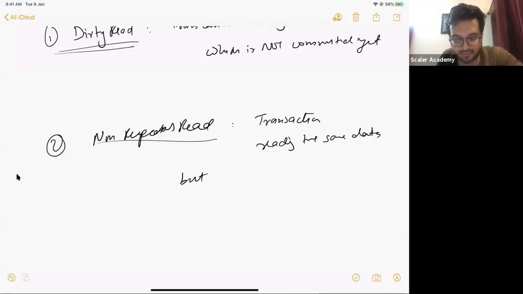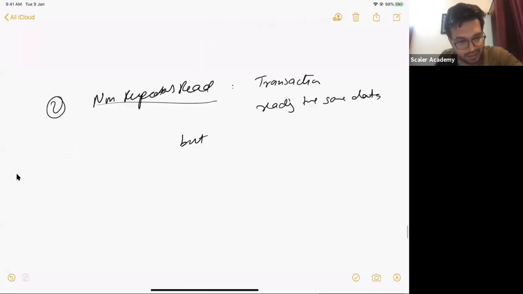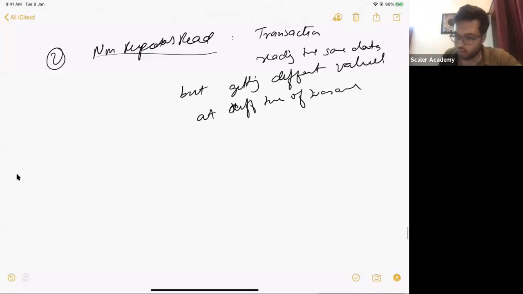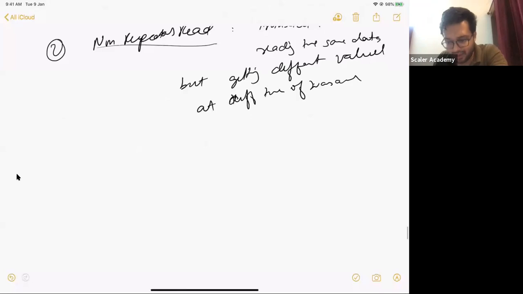Does that make sense? People, you will have to reply. I am actually taking class on Saturday as well, giving everything that I have. Please reply. So, a transaction reading the same data but getting different values at different times of the transaction. Cool. We will see where it is a problem and where it is not.